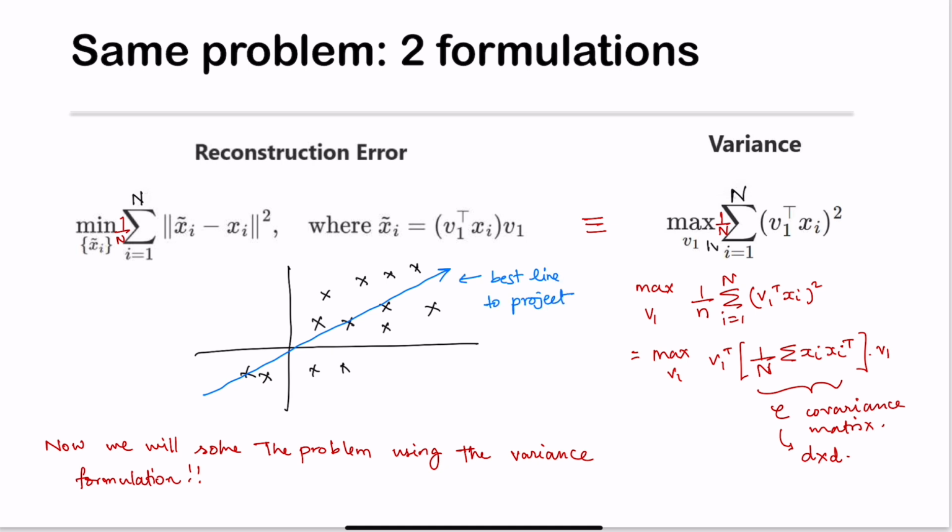What does that mean? That means if you project onto this line, the reconstruction error will be very low. That is, the difference between the projected data points and the original data points will be very low. Also, it implies that you are having the maximum variance along this line. And the fact that these two ideas coincide, that is the crux of this equivalence result.